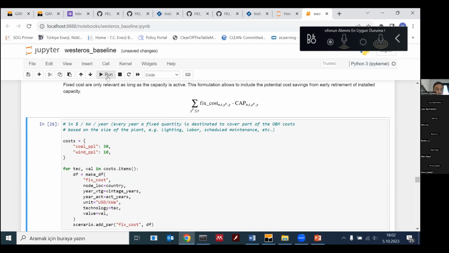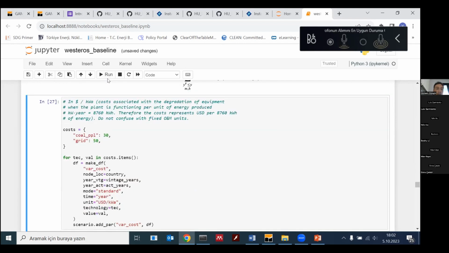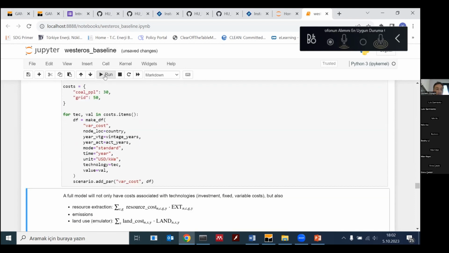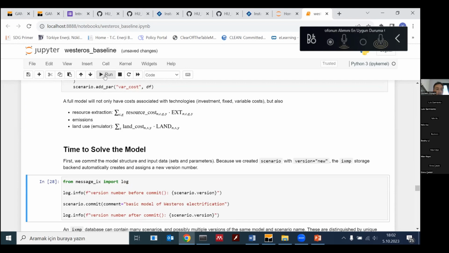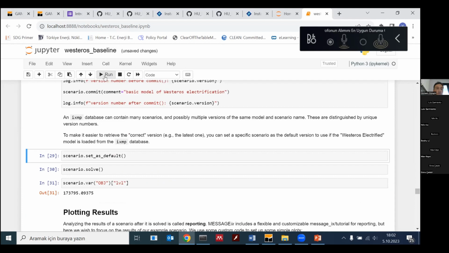We have fixed costs, which are valid both if we operate or we don't operate these technologies. We have variable costs, which can be dependent on fuel or maintenance. And eventually we convert these inputs for solving with GAMS and running GAMS from Jupyter Notebook interface.